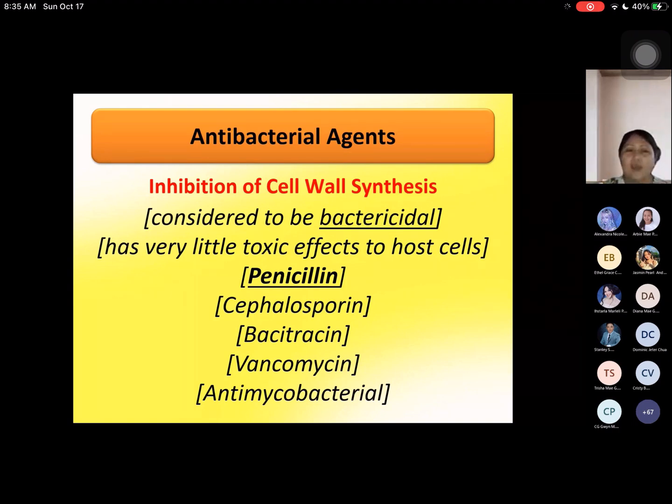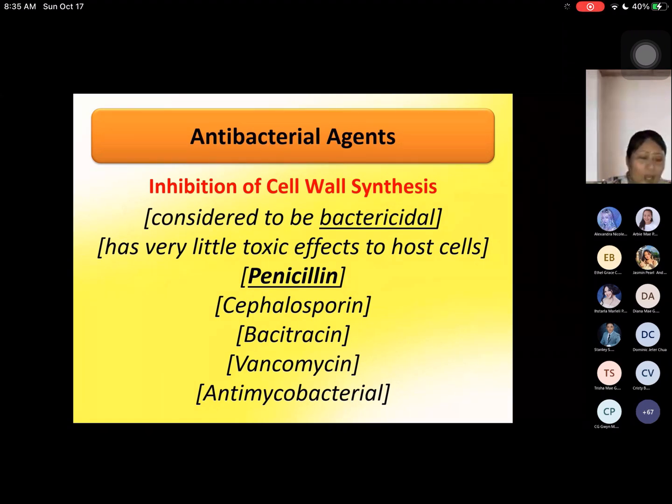Examples of this are penicillin, cephalosporin, bacitracin, vancomycin, and antimycobacterial agents. So they should be bactericidal. One prime example of an antibacterial agent that inhibits the cell wall is penicillin. Recall from the previous discussion that bacteria contain peptidoglycan, the major component of the bacterial cell wall.